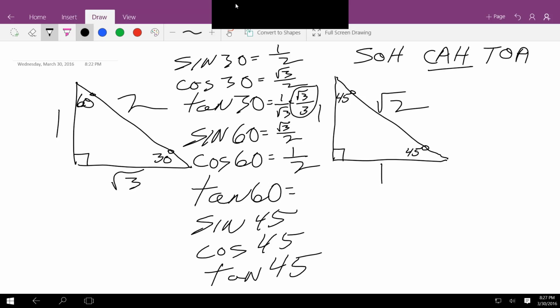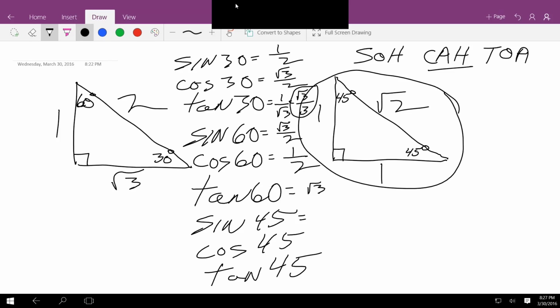The tangent of 60 would be root 3 over 1, or just root 3. What's the sine of 45? Which 45 would it be? Either one, they're both going to give you the same answer.